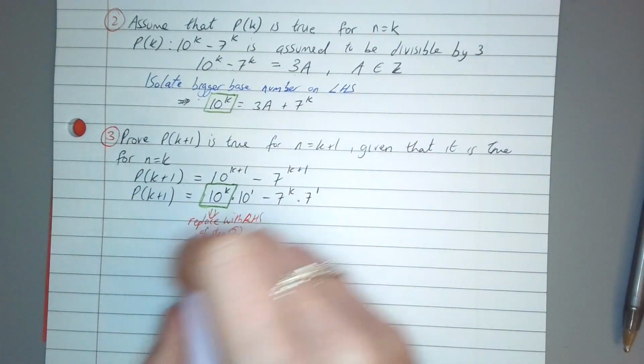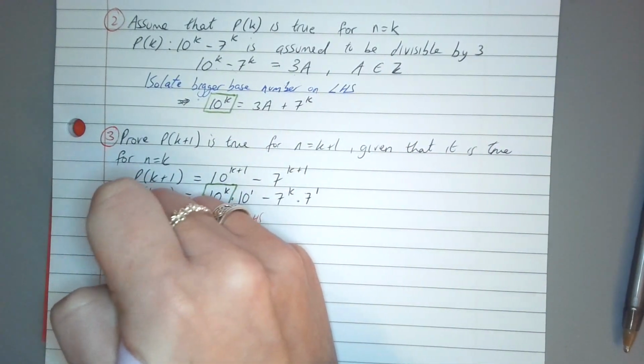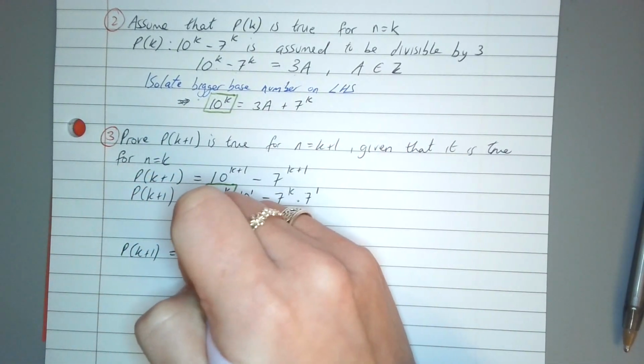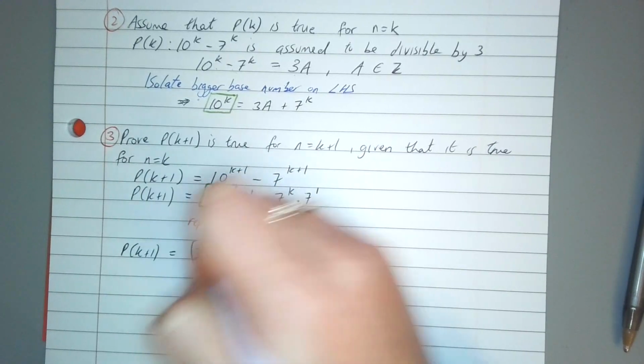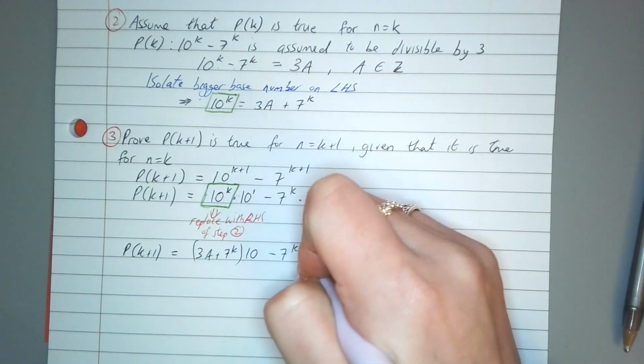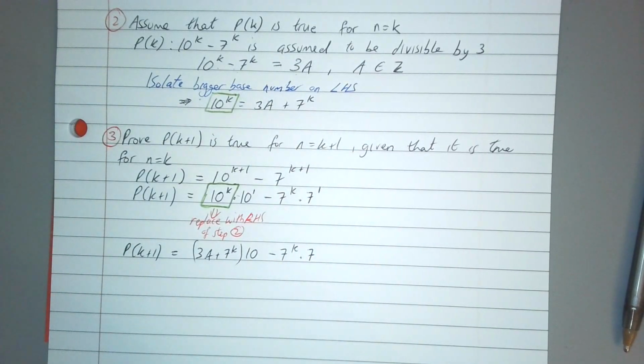So we've got P of k plus 1 equals, so we're subbing in, (3a plus 7 to the power of k) times 10 minus 7 to the power of k times 7. So we're replacing that green box there, and we're going to multiply this piece out.